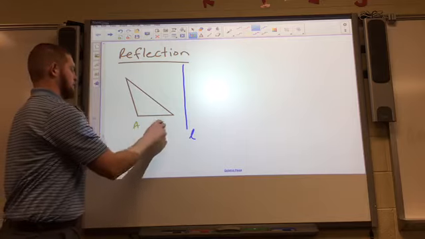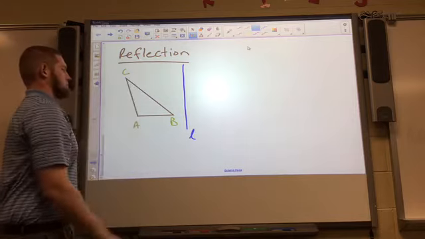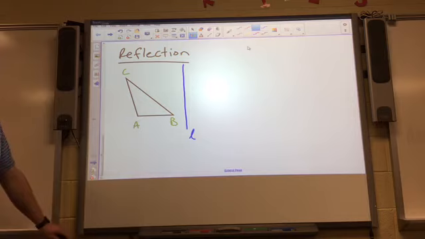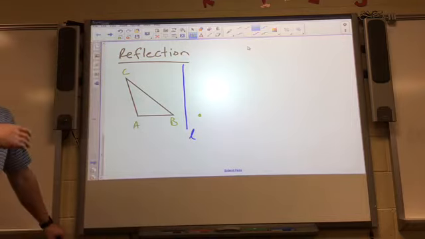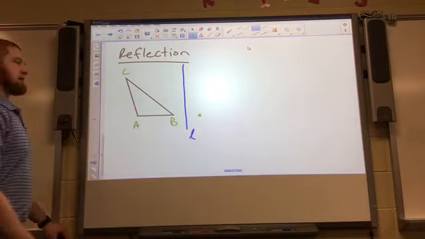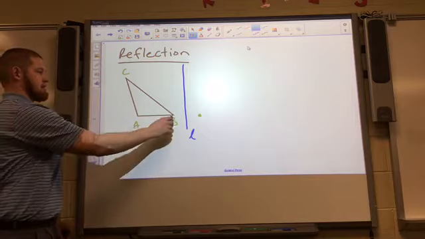Okay, so let's go ahead and give these some points, A, B, C. Is B still going to be closest to the line? Yeah, but it's going to be on the other side now, right? Okay, so it's going to be somewhere right in here. Now once you do a transformation, that's not B anymore, because I changed it, right? It's not in that same place anymore.